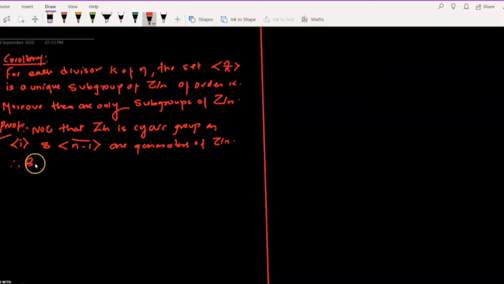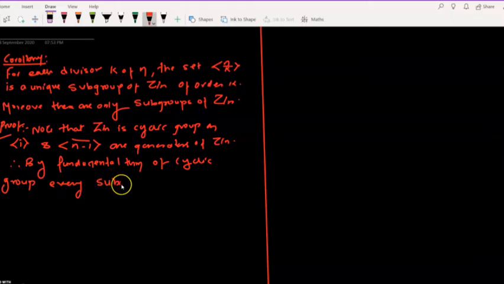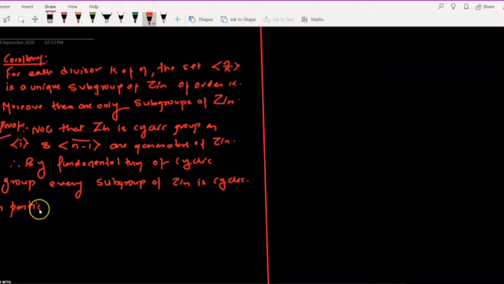Therefore, by the fundamental theorem of cyclic groups, every subgroup of Zn is cyclic. In particular, let's look at this one in particular.